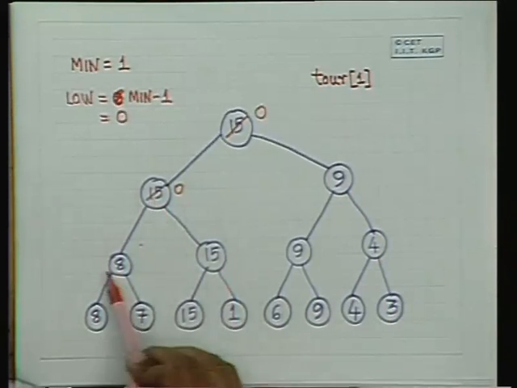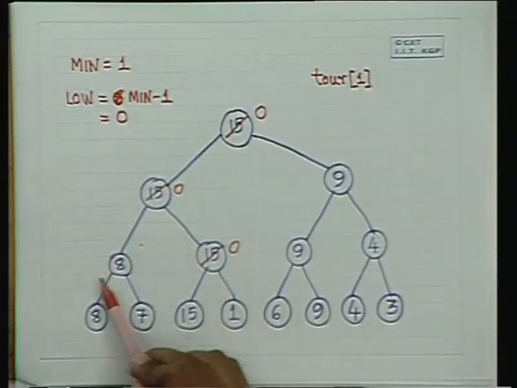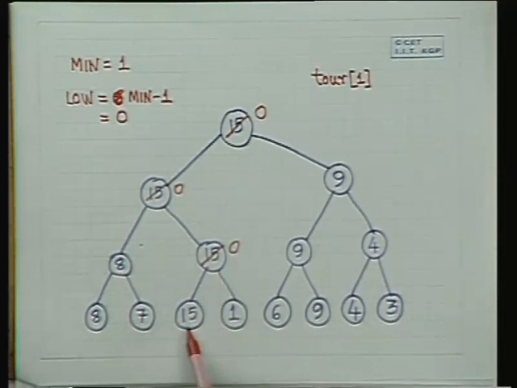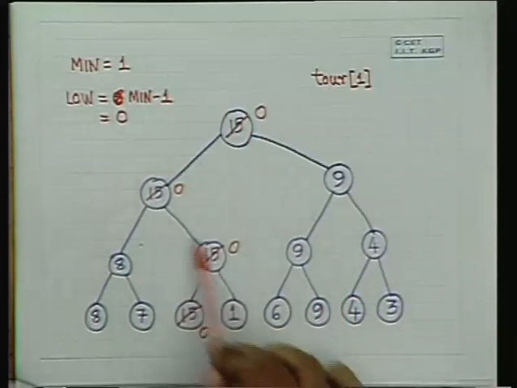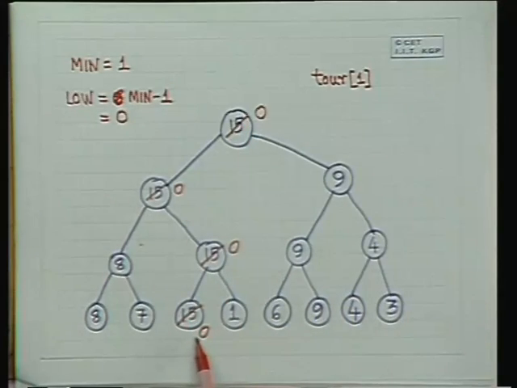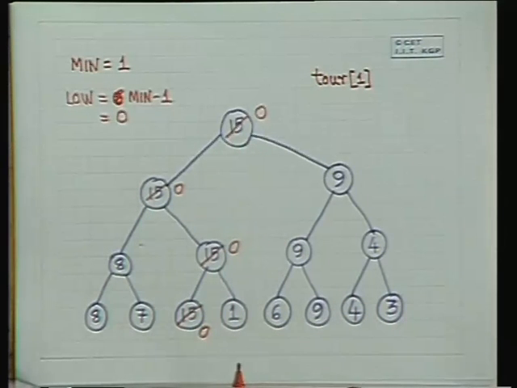Again we double this up, the larger of the two we assign to low. Again we double this up, this one, the larger of the two we assign to low. So what we have done is, we have gone down, we have not found the second maximum, we have just gone down like this and come up to here, and when we came here we assigned all the numbers which were the largest element to 0.